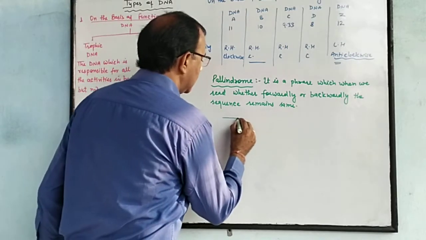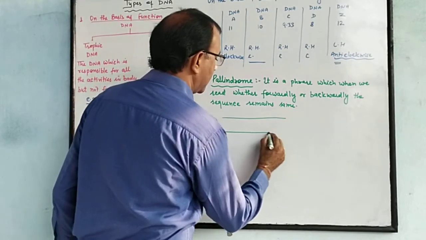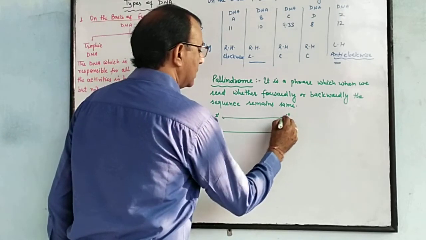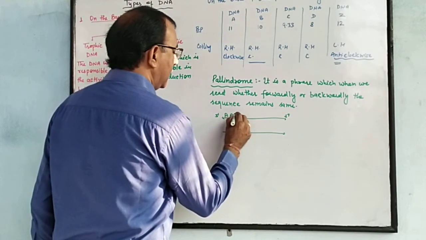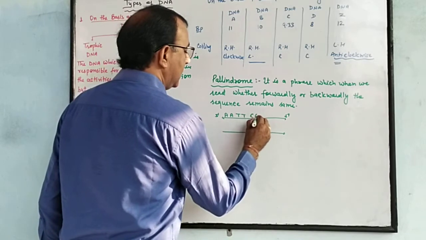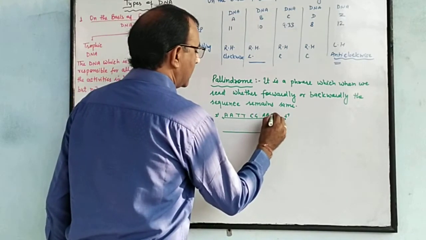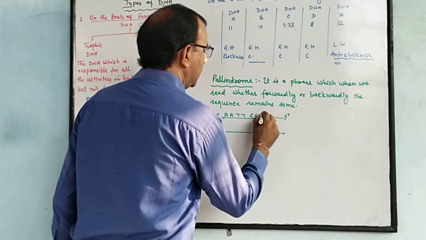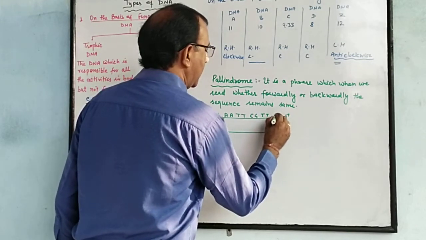Suppose this is the dsDNA and the sequence 3' to 5' contains AATT, CG, AATT.